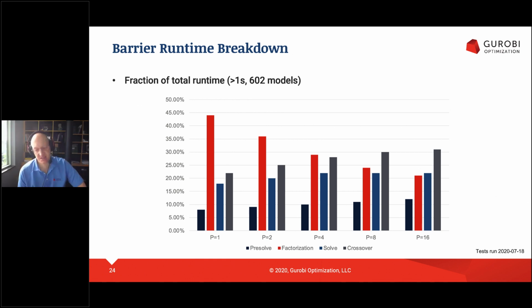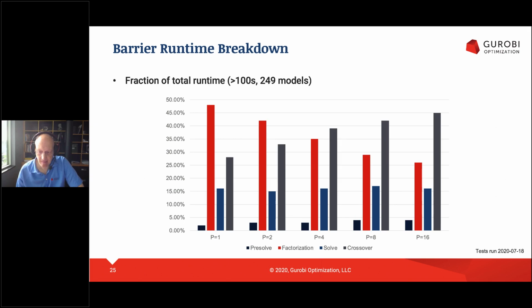And you may look at this and say, well, yeah, this is for models that take more than a second. But on the bigger models, on the harder models, the picture is going to look different. And indeed, it does look different. So these are results for models that take more than 100 seconds. And what you see on 1 core is that factorization is in fact a bigger part of total runtime.